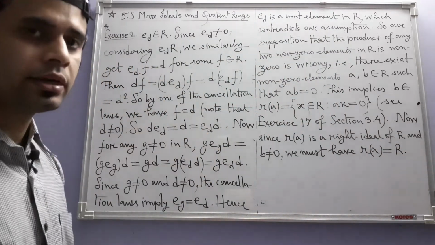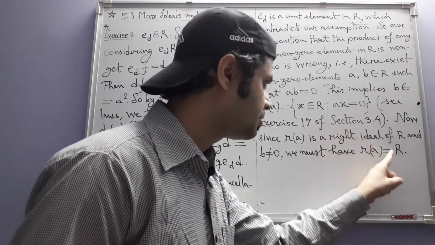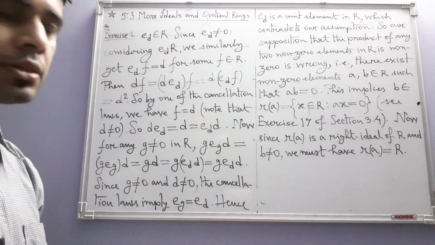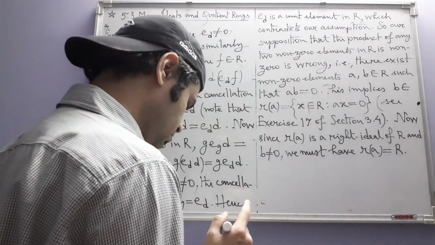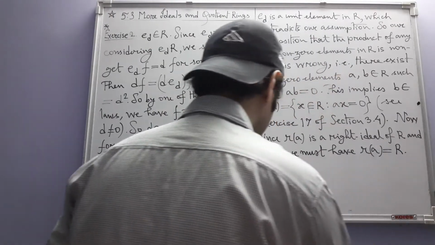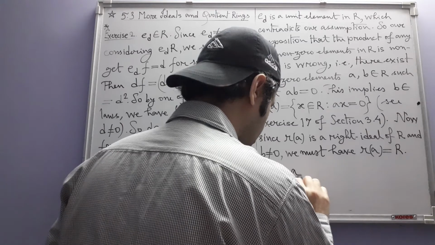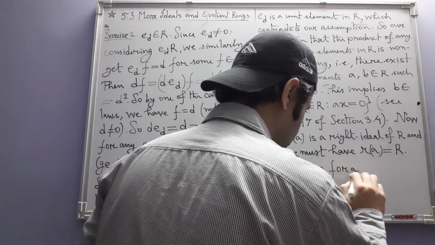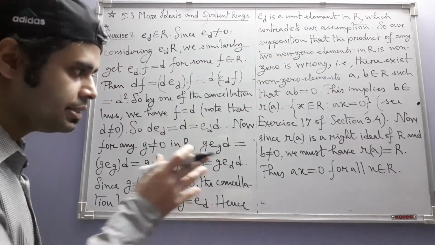But this now has the implication that if we multiply A from the right side by any ring element, the product is 0. Okay, this is a drastic implication. So thus Ax is equal to 0 for all x belonging to R, and this in turn implies something else.